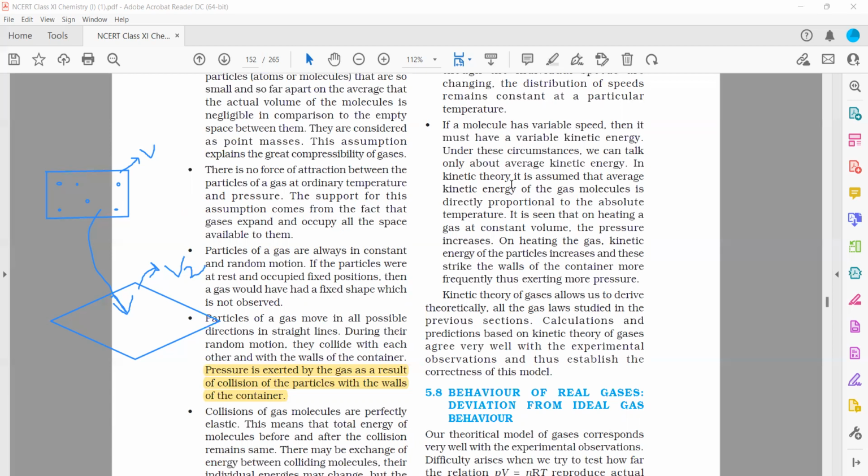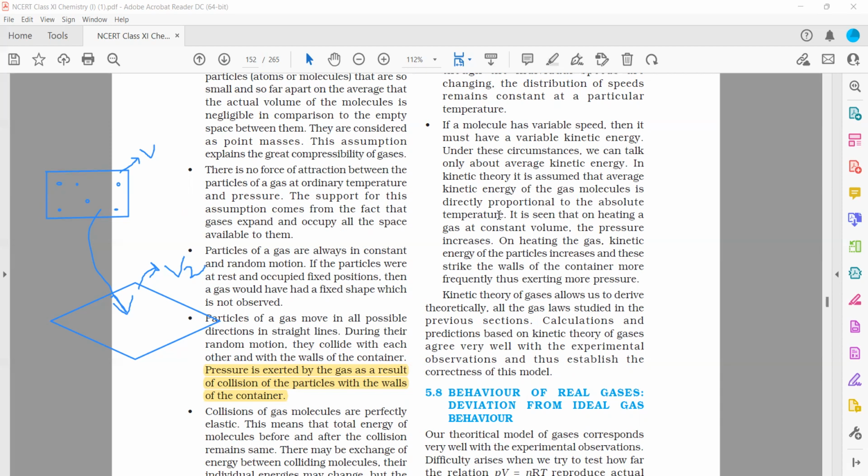You have to use a broader term, which is the average of all the kinetic energies of all the molecules. In kinetic theory, it is assumed that the average kinetic energy of a gas molecule is directly proportional to the absolute temperature.